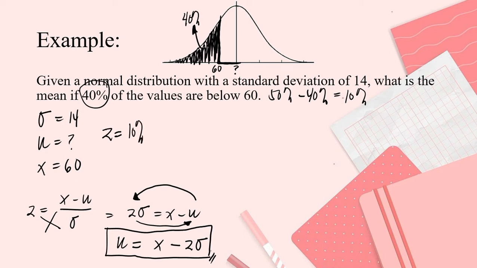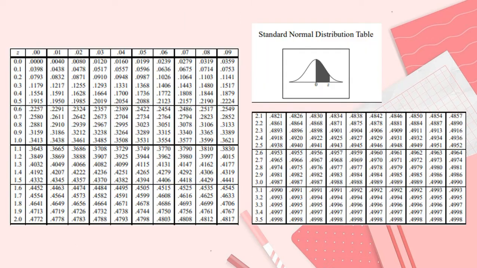Remember, nasa left side tayo ha. So, meaning, dapat yung value ng Z mo ay negative. Okay? Kasi nasa left side po tayo ng ating normal curve. So, 10%, hanap ka ulit ng pinakamalapit sa 10%. 0.1000. So, ano po ang pinakamalapit kay 10%?